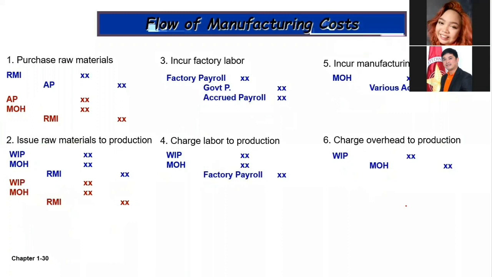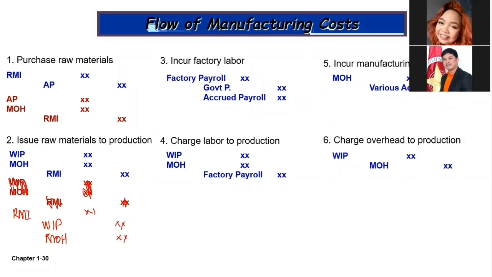And let's just continue. Ayan. So pinaliit ko na. Pero syempre, mali pa rin po ito, ha? Okay, pardon me. So debit raw materials inventory, bumalik sa raw mats, and credit work in process, and credit also manufacturing overhead. Ayan. Kinorek ko ng sarili ko.